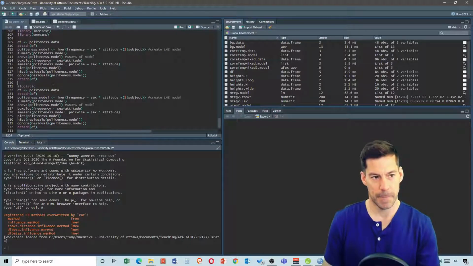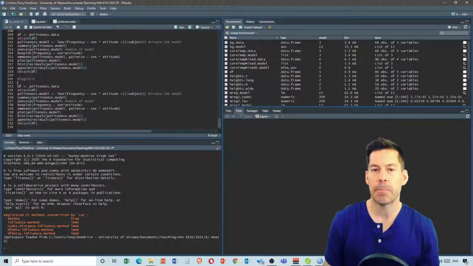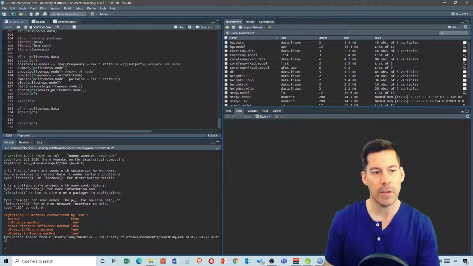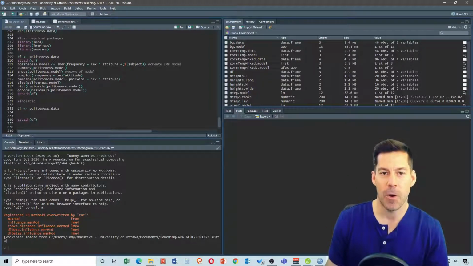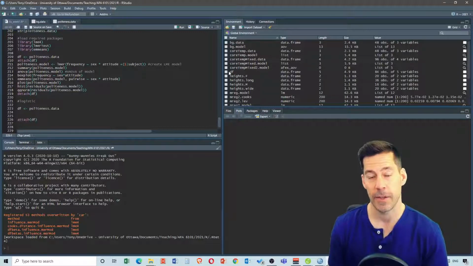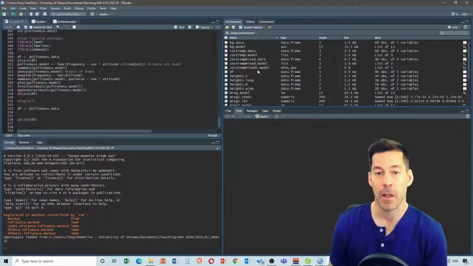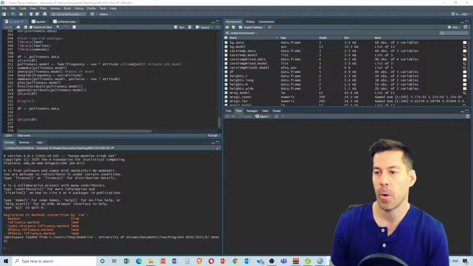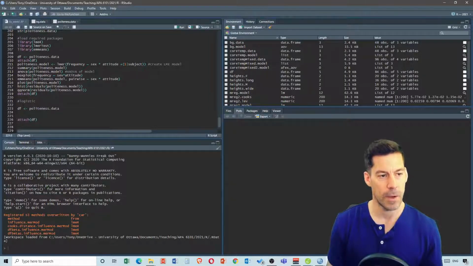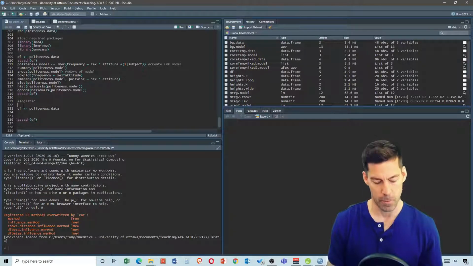Now we don't need any special packages for this type of analysis, but what we are going to use is a function that you can download from a website. It allows you to quickly calculate the probability from the logit, or from the log of the odds. So what we're going to use for that is this command right here. I'm just going to paste it and then talk you through it.